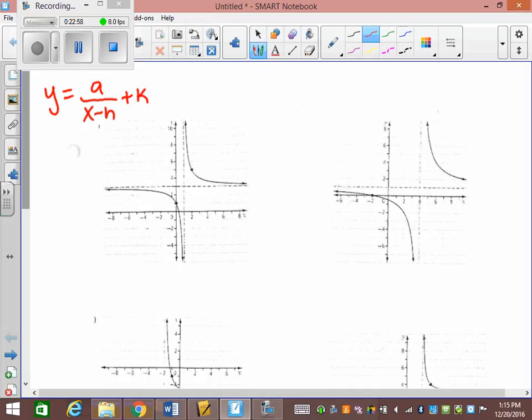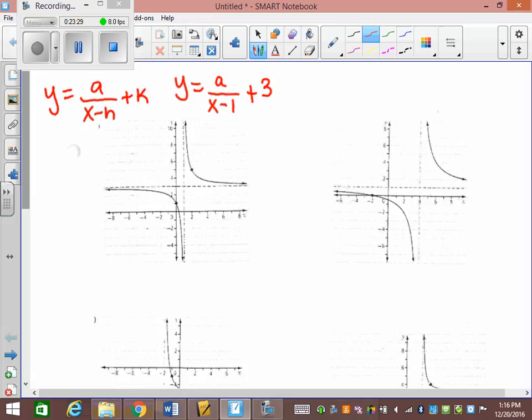This asymptote is no longer on x equals 0, it's on x equals 1. It moved 1 to the right. So I'm going to get y equals a over x minus 1, because it moved 1 to the right. My vertical asymptote is normally on 0, it moved 1 to the right. My horizontal asymptote is normally on 0, it's moved 3 up. So what do I have to do? Plus 3.